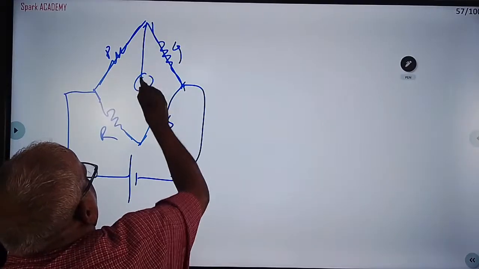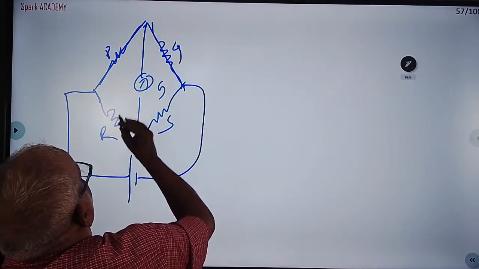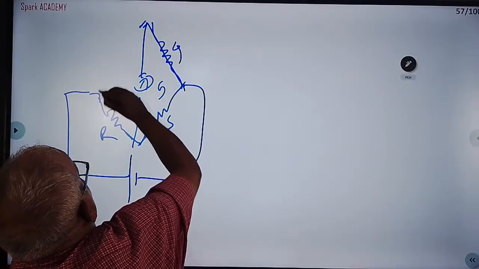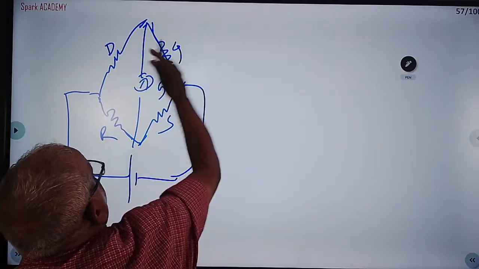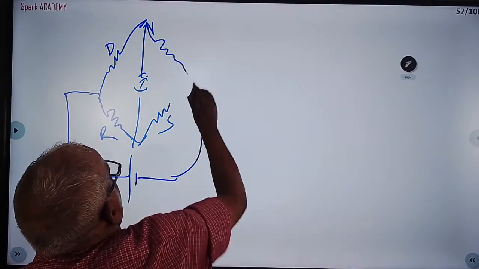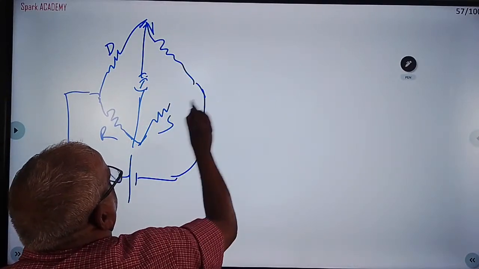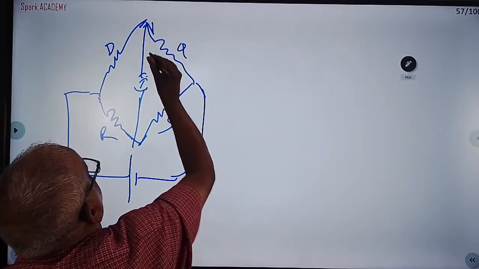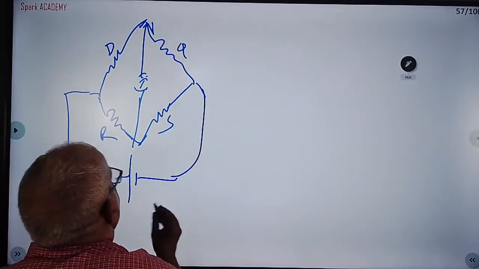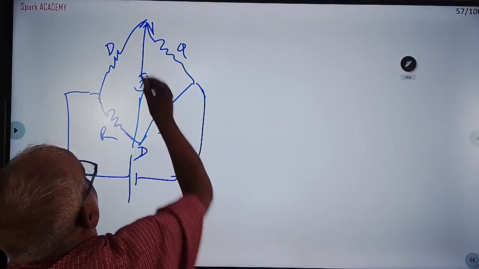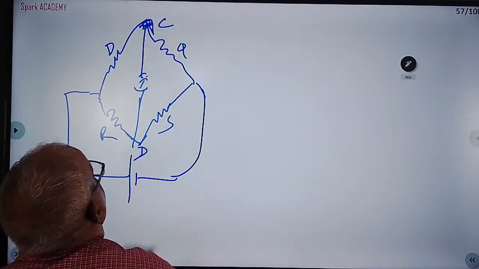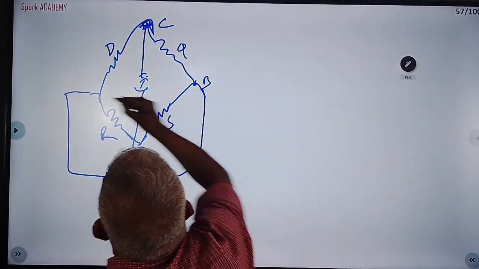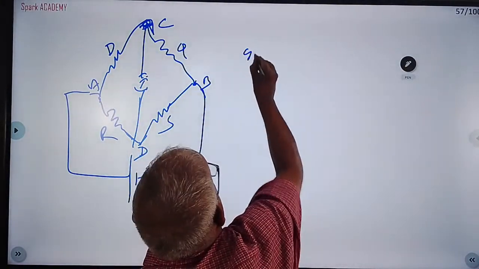Here the galvanometer G is connected. This is C. This is D. This is B. This is A.